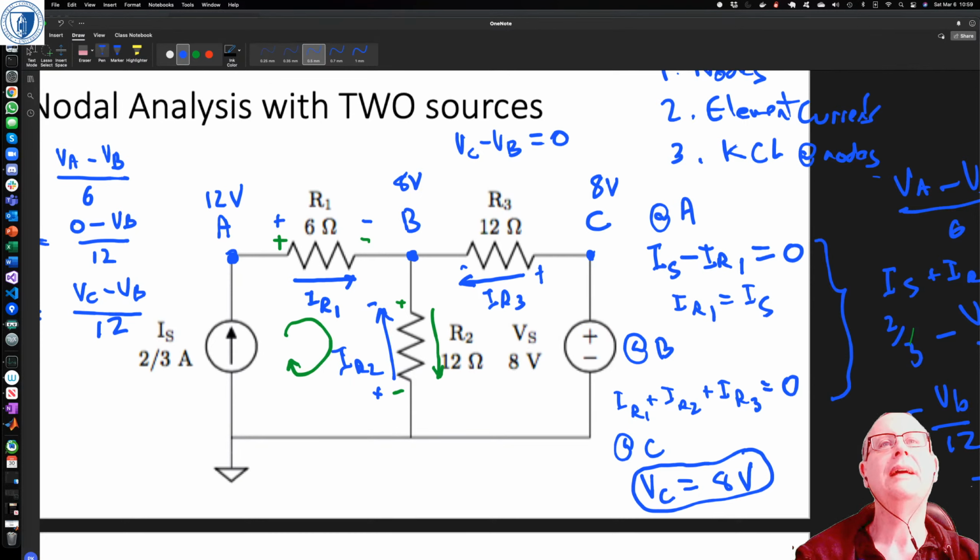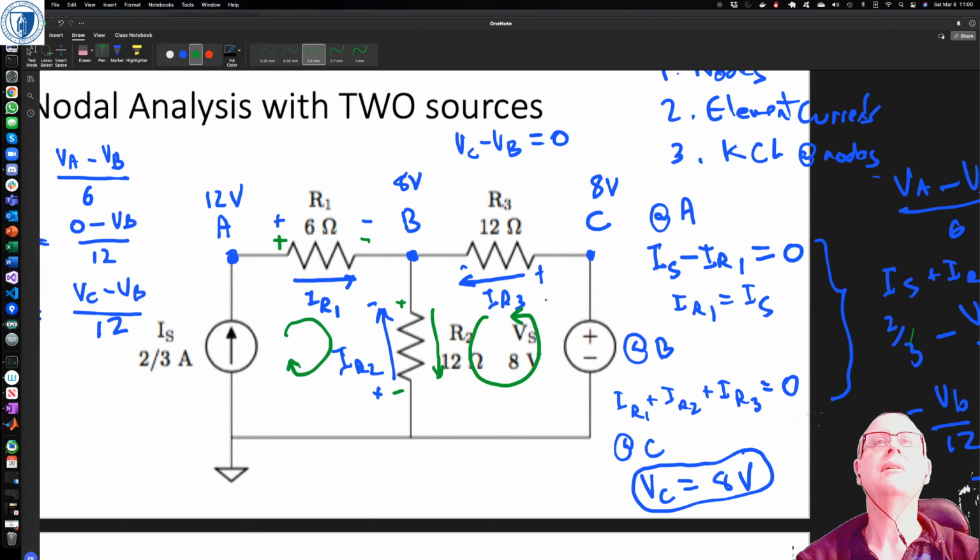So let's go round the loop that way. Right, so we've got minus 8 volts plus 0 volts, and then that's going to be another, well, because we're going that way, it's got to be a plus 8 volts, right?